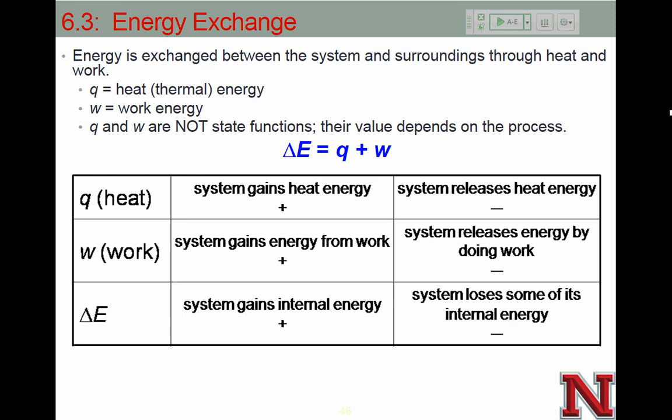Now, our total energy difference is attributed to not just heat, but also work. So if the system gains energy from work, it's going to be positive. If the system releases energy from doing work, it'll be negative. So work is W. And of course, our delta E is related to that.